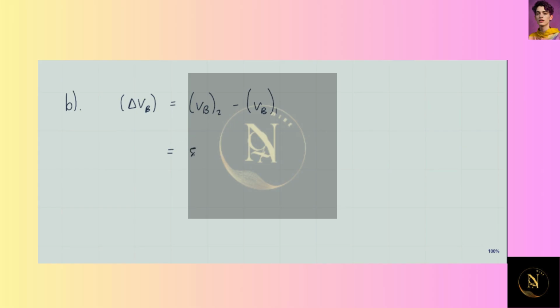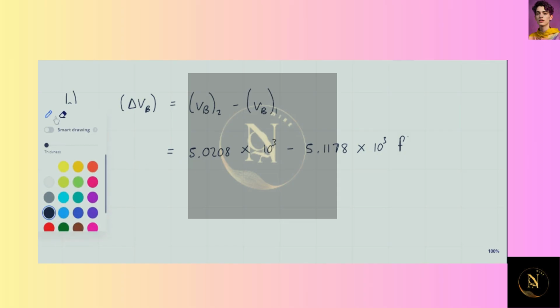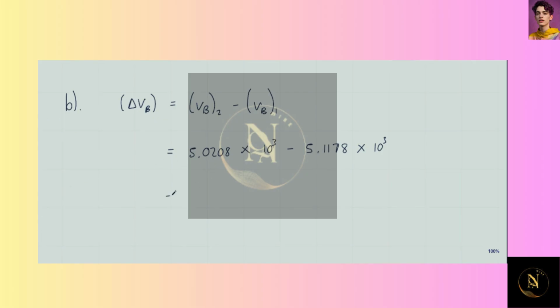And this is equal to 5.0208 times 10 to the 3 feet per second minus the transfer speed of 5.1178 times 10 to the 3 feet per second. So we'll just suppress the units there. Hence we get the speed change at B to be minus 97 feet per second.